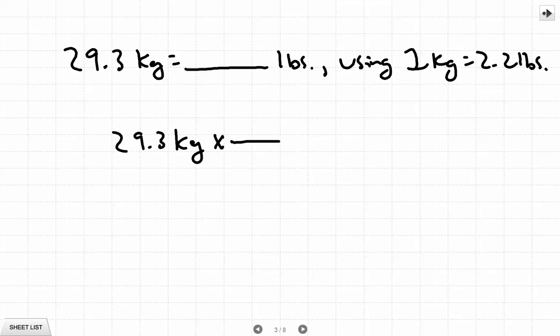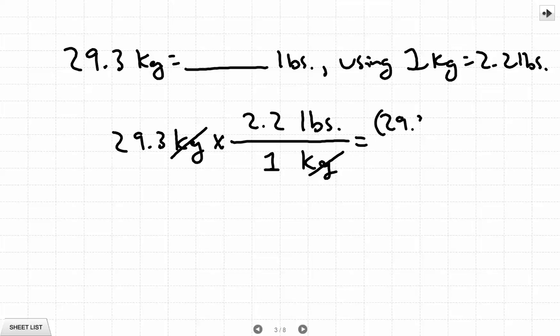And now I want to multiply it by the form of the conversion ratio, which puts kilograms in the denominator and pounds in the numerator. So now I'm going to multiply by the ratio of 2.2 to 1 as pounds to kilograms. So kilograms cancel. I have 29.3 times 2.2 over 1, and that's all in pounds.